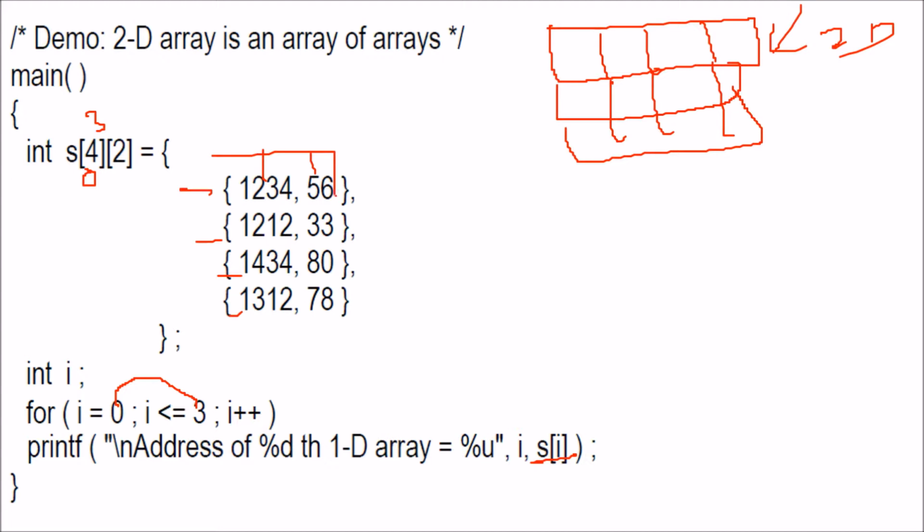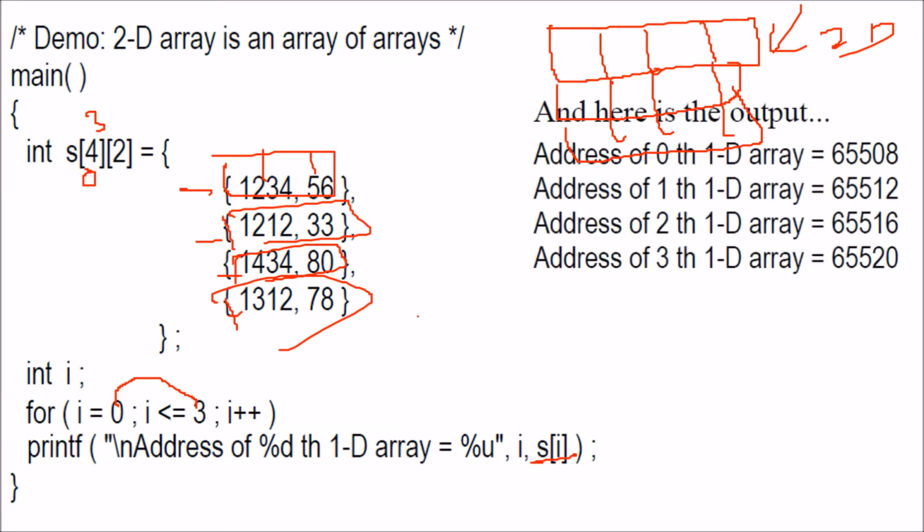We cannot print the whole array. What we print is just the address. So the first array is this, second is this, third is this, fourth is this. These array addresses we are printing now.